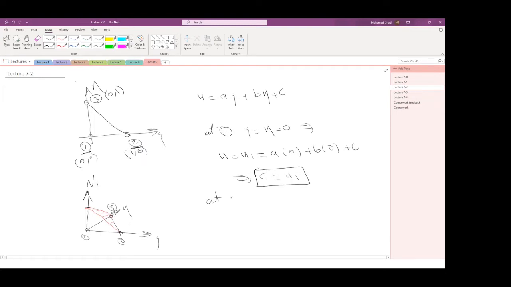Now, at the second node, I'm following the exact same procedure we did for the one-dimensional element. Nothing has changed. At the second node, xi is equal to 1 and eta is equal to 0, and u is equal to u2. So this would be a multiplied by 1 plus b multiplied by 0 plus c. You know c already is equal to u1, so I'm going to replace it with u1. Then this will vanish, and I will have a equal to u2 minus u1.